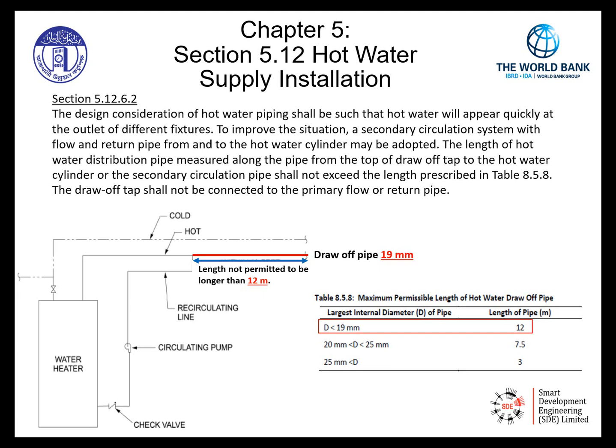We also have 20 millimeters to 25 millimeters and diameters that exceed 25 millimeters. And on the right-hand side, we'll give you the maximum length of pipe from that particular point in the hot water distribution system to the draw-off pipe and the tap accordingly.